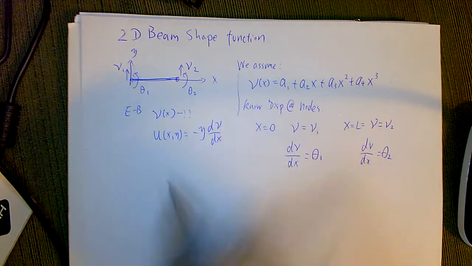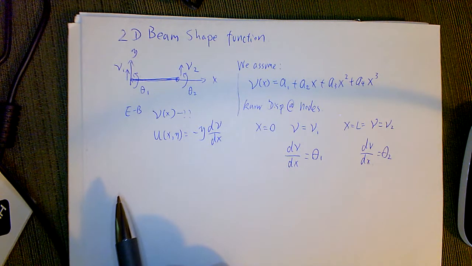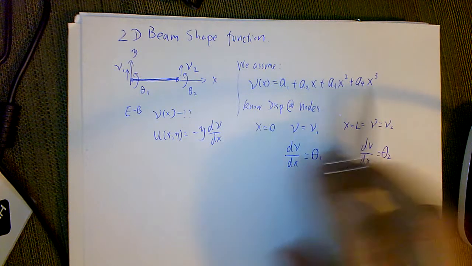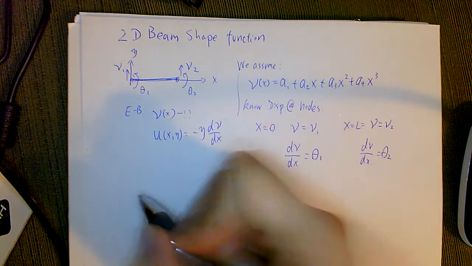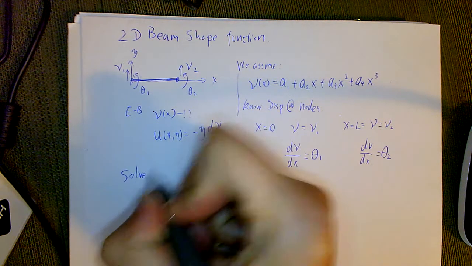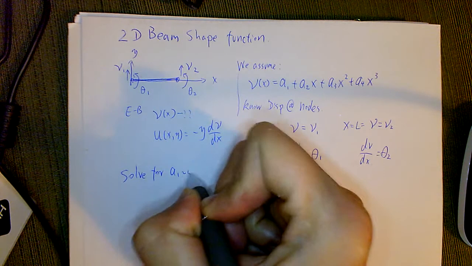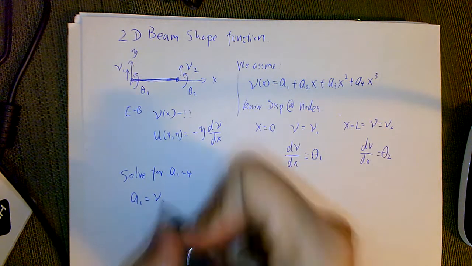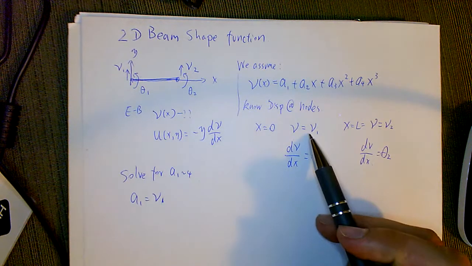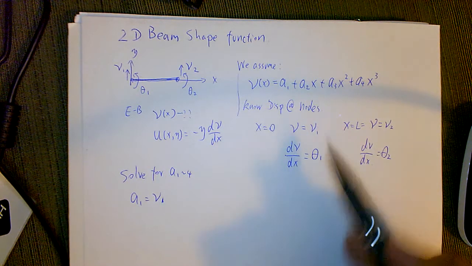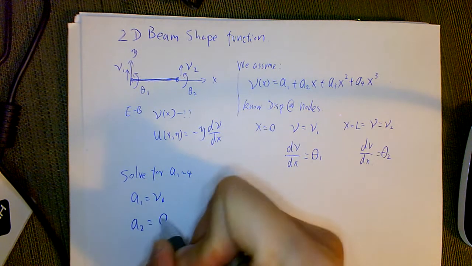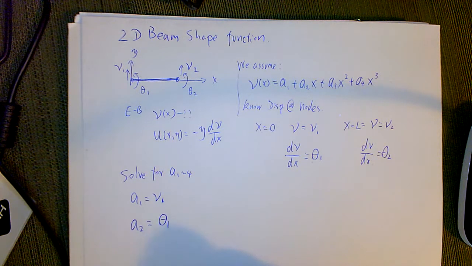If you plug in x equals 0, you immediately find that a1 is equal to V1. Then you take the derivative, and in fact you find out a2 is theta 1. That's pretty cool.